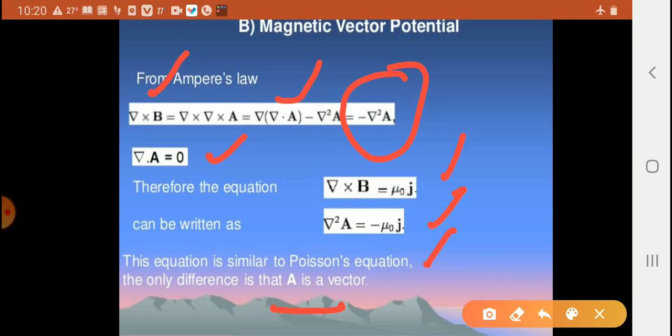So generally there is a vector and a scalar. A scalar has no direction, and a vector has direction. In magnetics, the scalar and vector potentials are generally defined differently: the magnetic vector potential and the magnetic scalar potential.